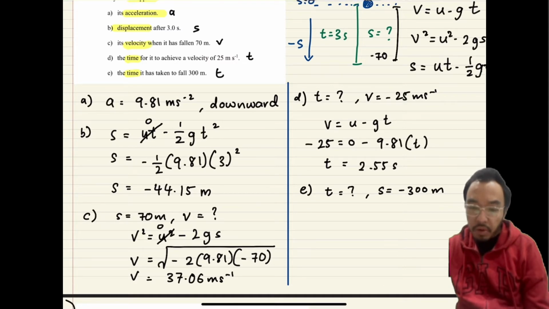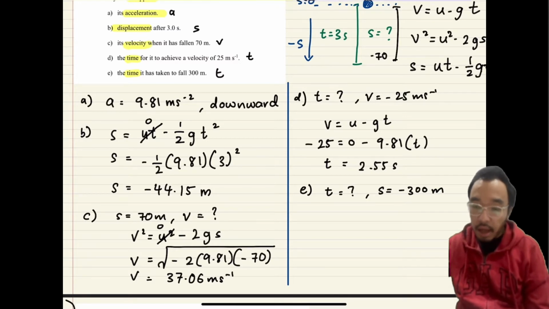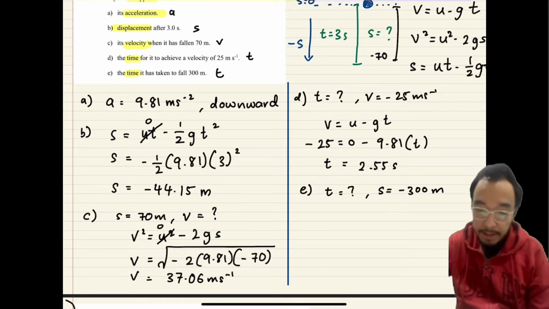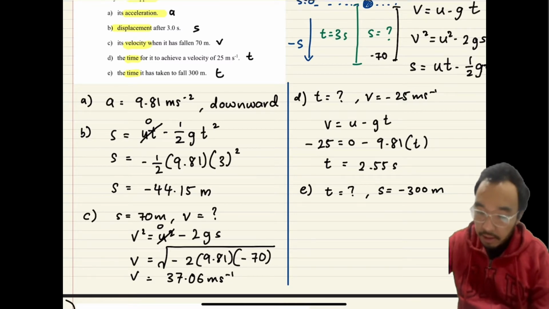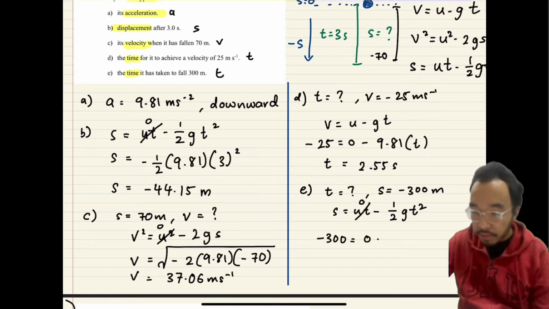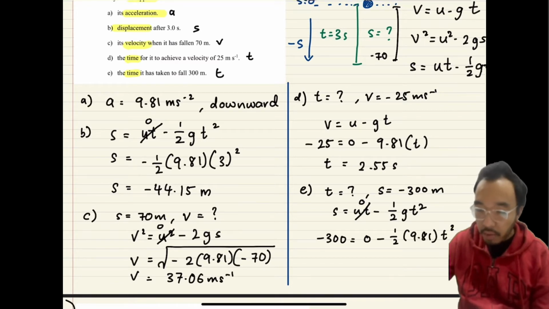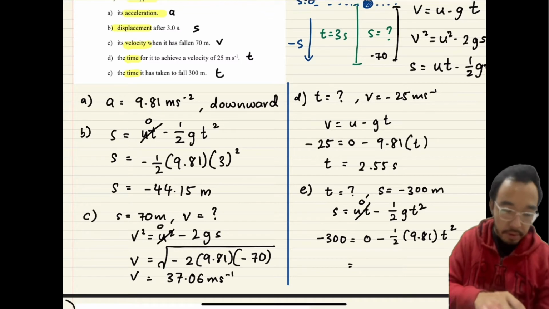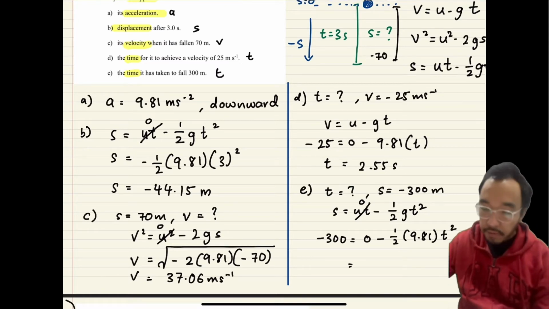You can use the third equation to get the answer straight away because you are given S and you want to find T. So S equals UT minus half GT square, where S is negative 300, U is still 0, 9.81, and then don't forget to put the square. Negatives cancel out. So you will have 300 multiplied by 2 divided by 9.81 and take the square root. Here's 7.82.